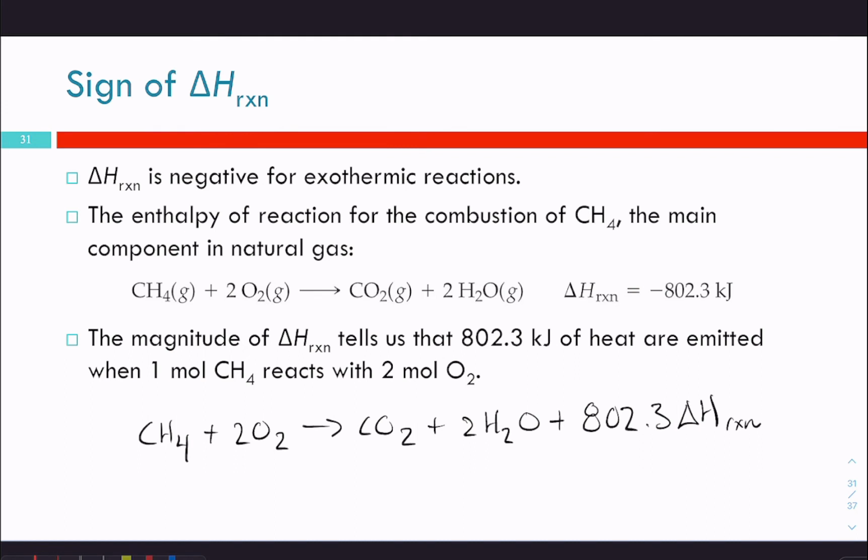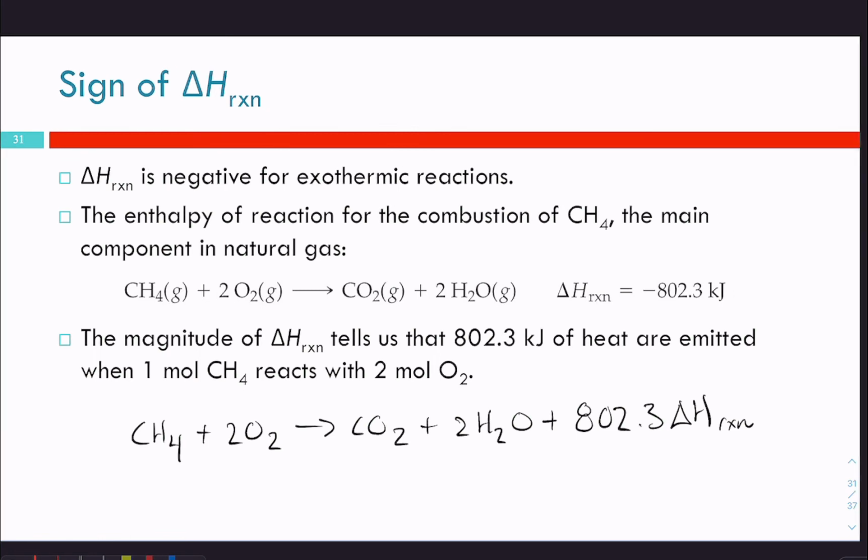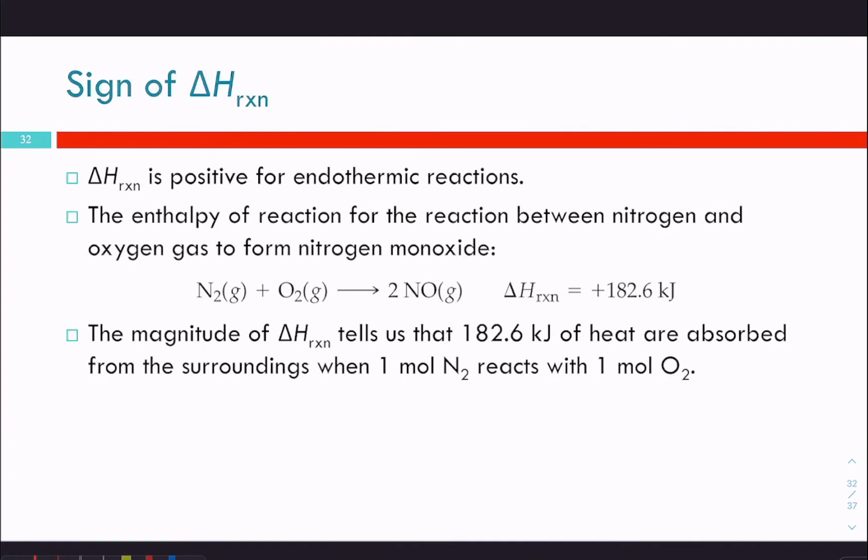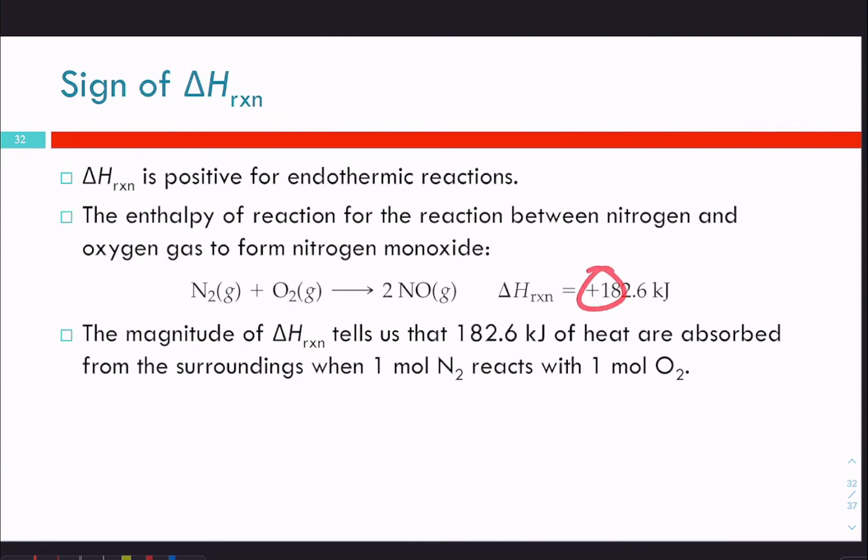The way you know which side of the reaction to put the delta H, if you want to write it out like this, is dependent on the sign. If we have an endothermic reaction, then we need to add heat to the reaction for it to take place, and it's one of our reactants. So if we have a positive sign here, this reaction is endothermic, so it requires heat.